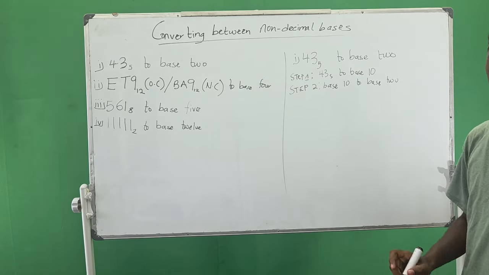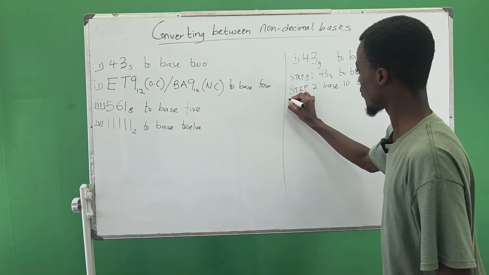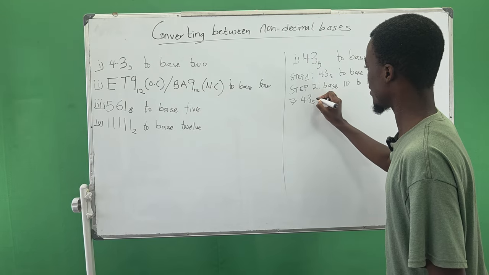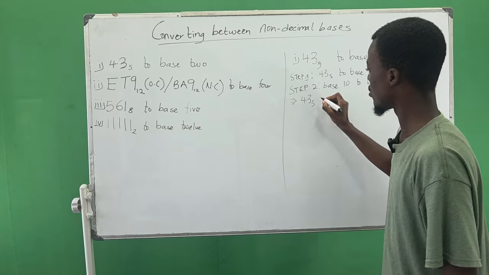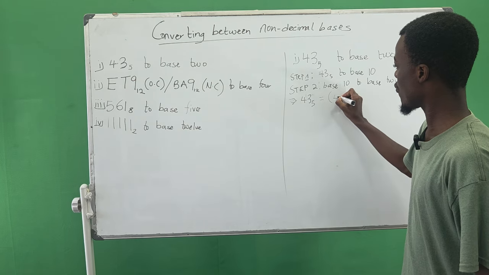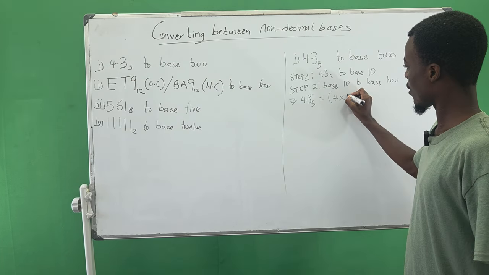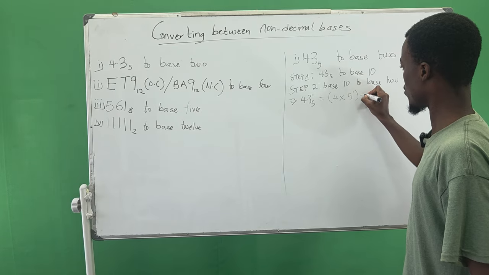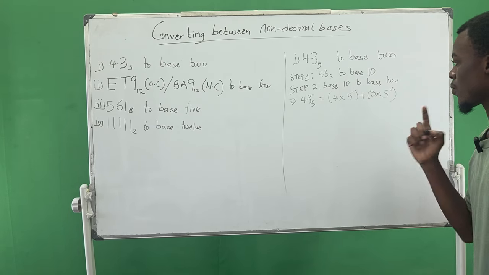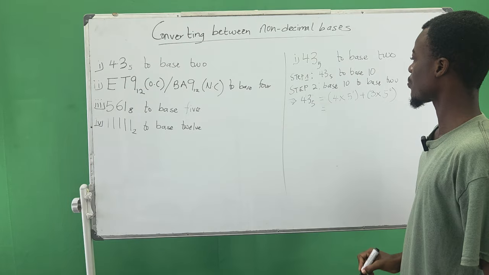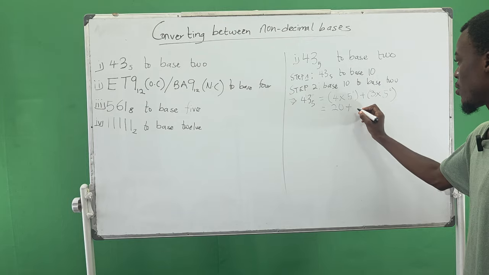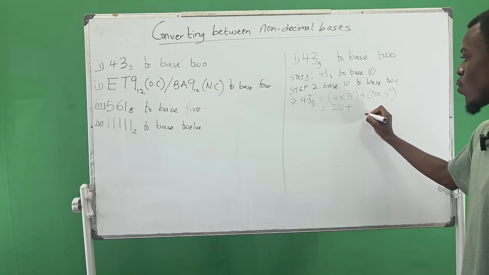So now, converting 43 base 5 to base 10. The powers are 0 and 1, so it's the same as 4 times 5 exponent 1 plus 3 times 5 exponent 0. 4 times 5 is 20, plus 3 times 5 exponent 0. 5 exponent 0 is 1, so 3 times 1 is 3.